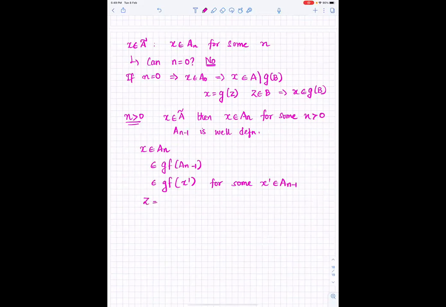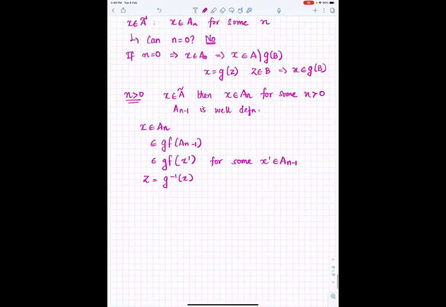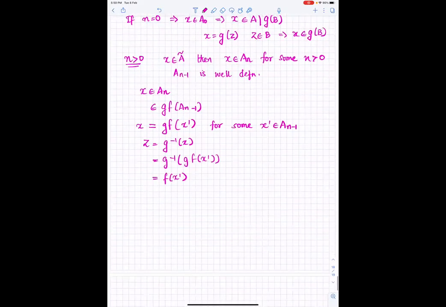So by definition, we know that Z is G inverse of X. And okay, so this should have been equal. So X is G of F of X prime, which is F of X prime. And we know that X prime is in AN minus 1.